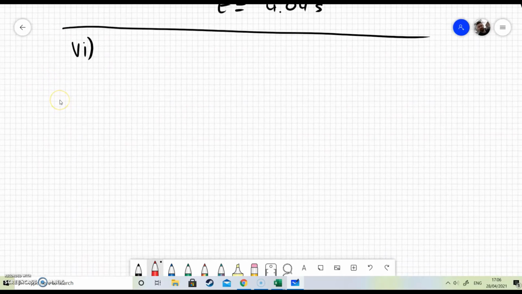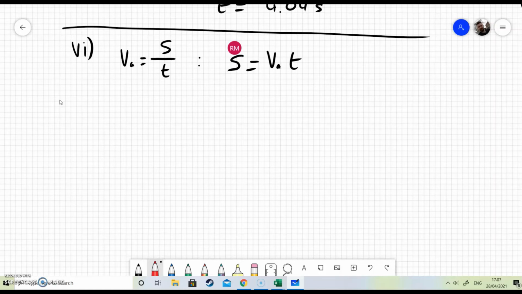So having a look at our question, we know that velocity, or the average velocity, is equal to the change in displacement over the time taken. So in order for us to work out the displacement, or how far it travels in the horizontal direction, we just rewrite our formula. s is equal to v_a times t.